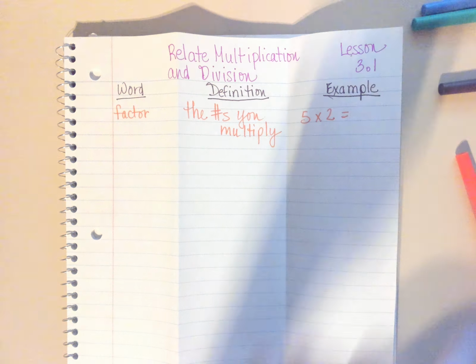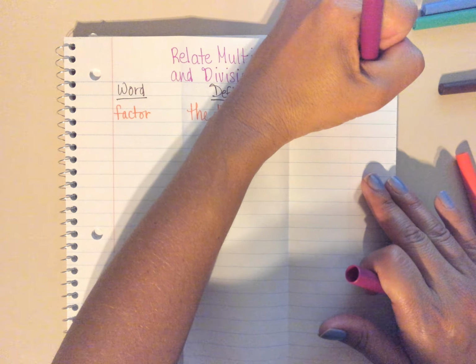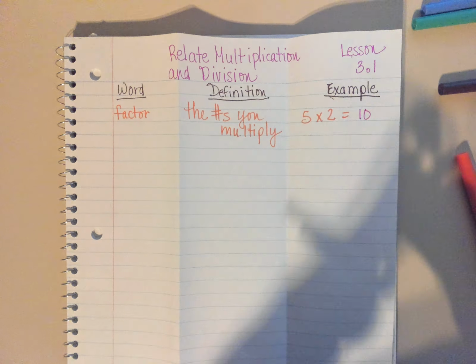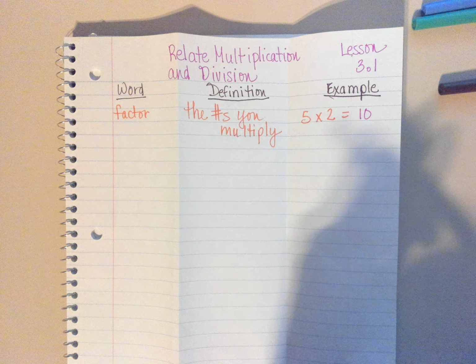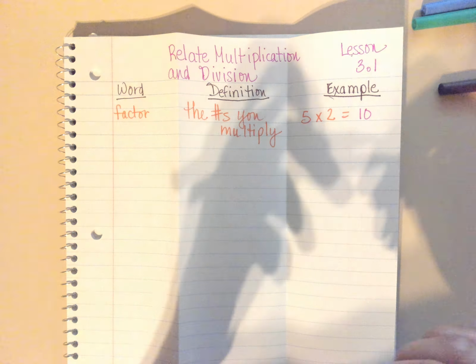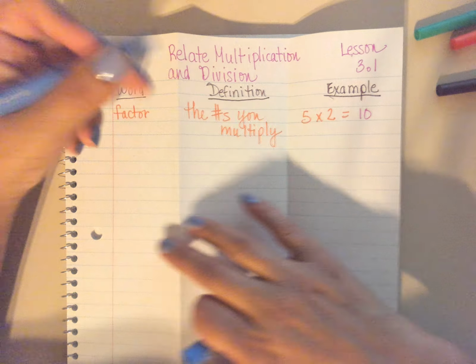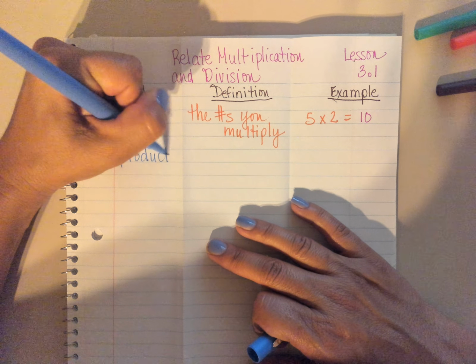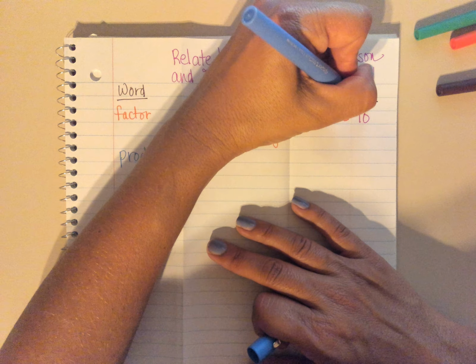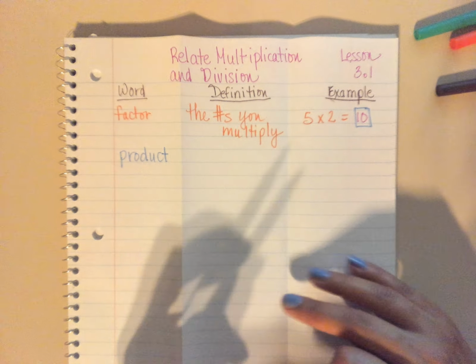Those two are factors. What they equal is a different word. Another multiplication word we're going to have is the word product. Okay, so the answer was the product.